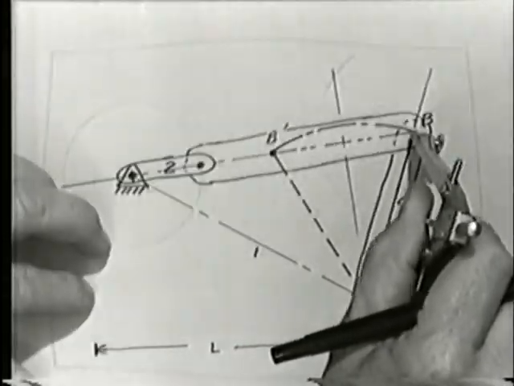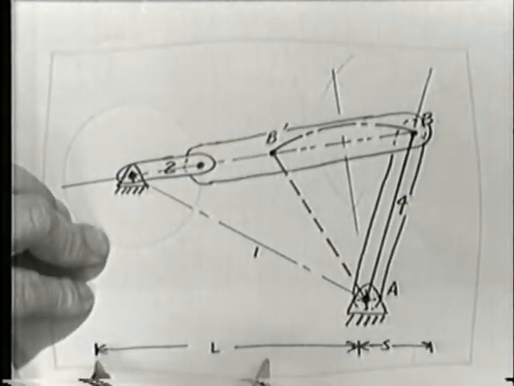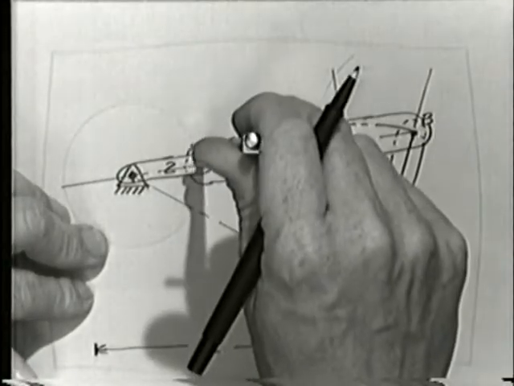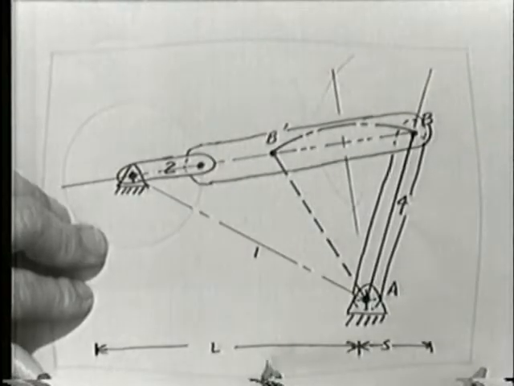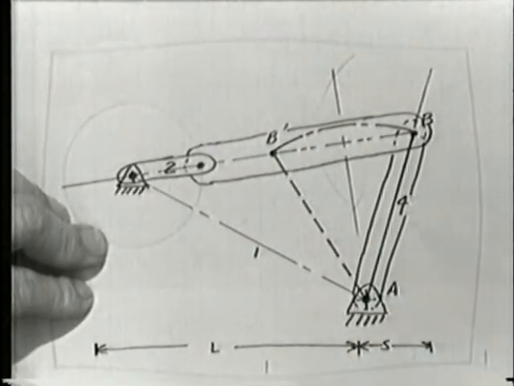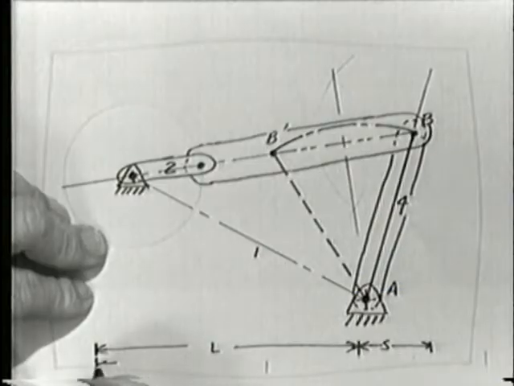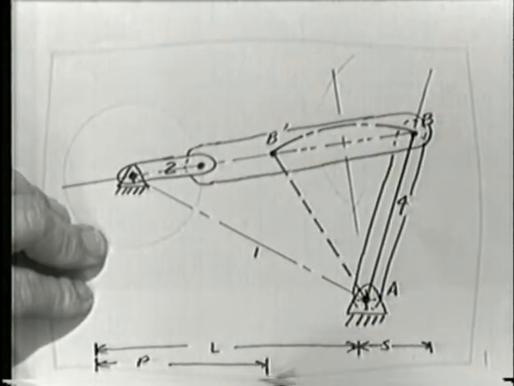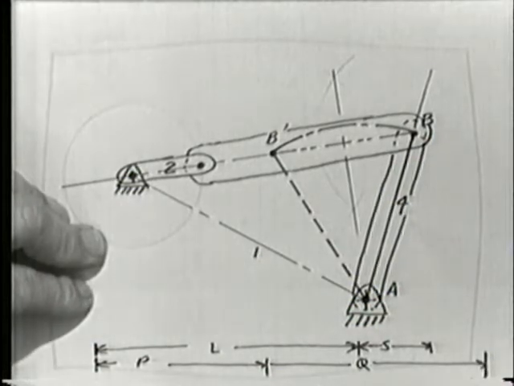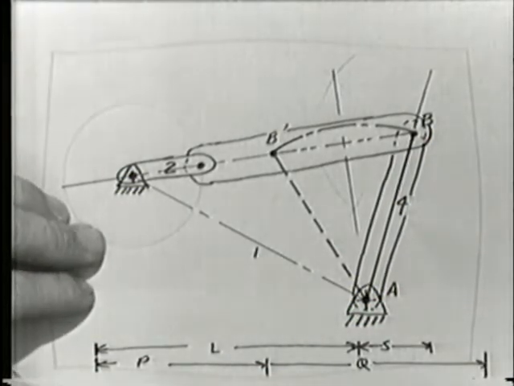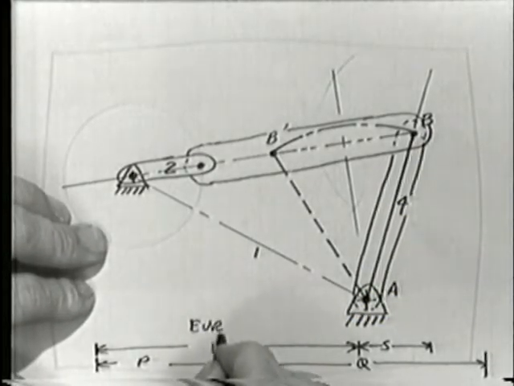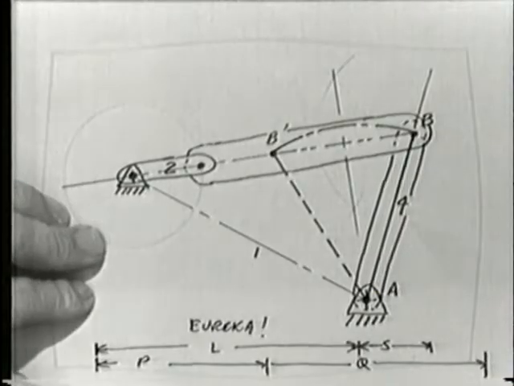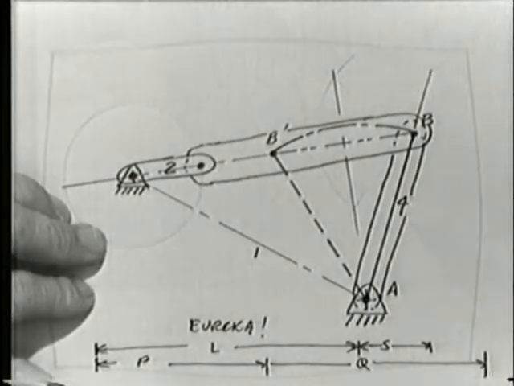There's one of the other two, and if I start that there and add to it the length of the other one, I see I'm home free, because call that link P arbitrarily and call that link Q arbitrarily, and you can see that S plus L is less than P plus Q. So, eureka! It is a Grashof linkage, and the problem is solved.